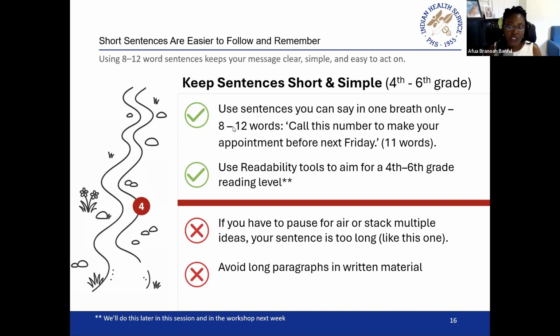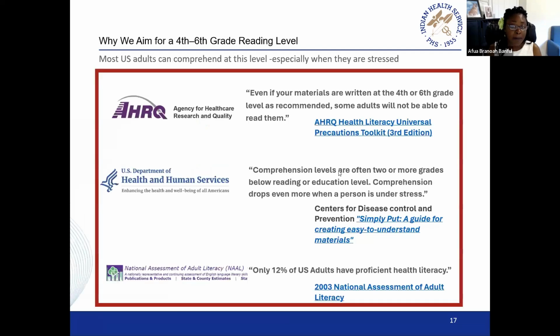Now, this 4th to 6th grade reading level requires a little bit of a dive, right? Again, please do jump in with questions or thoughts as we are going along. I wanted to give you some background to why we aim for this 4th to 6th grade reading level. It seems a little bit arbitrary.